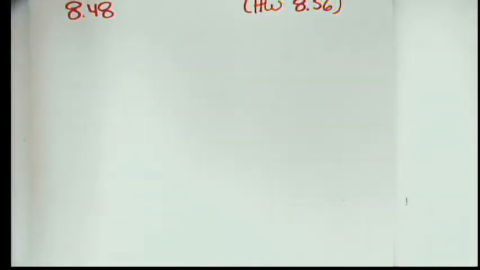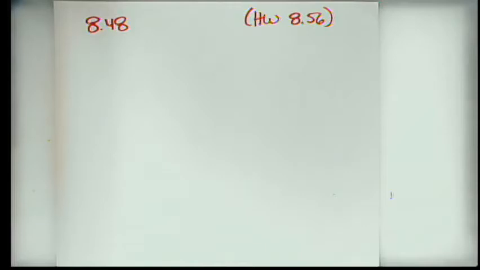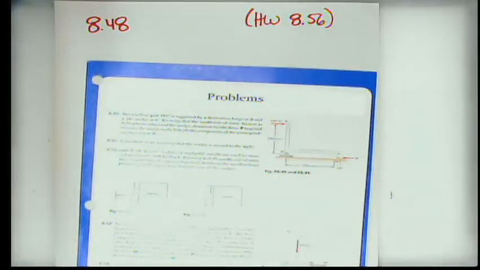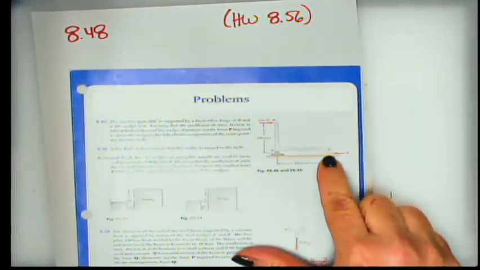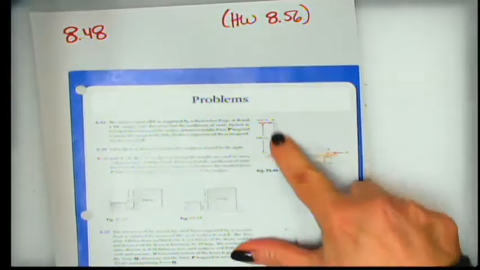All right, these problems involve something called a wedge, which is like a sliver of wood or sliver of something that has a different angular relationship other than rectangular, square. So for example, you'll see here on problem 8.48, we have a little wedge of wood underneath this structure.